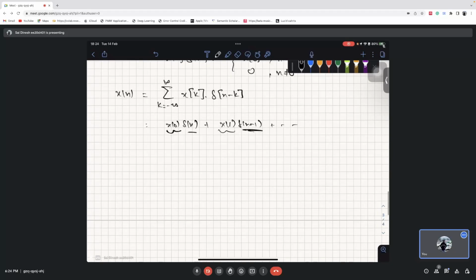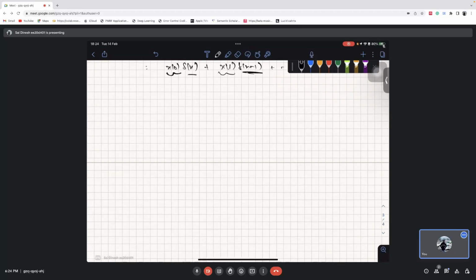Now consider an LTI system. If we send an impulse signal delta of n, we get a signal h of n at the output.